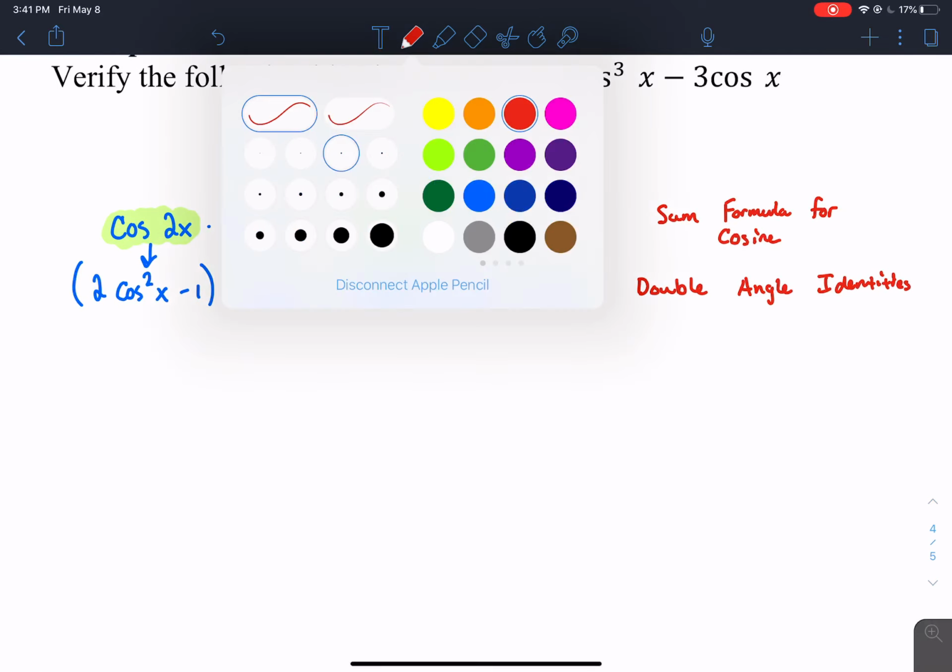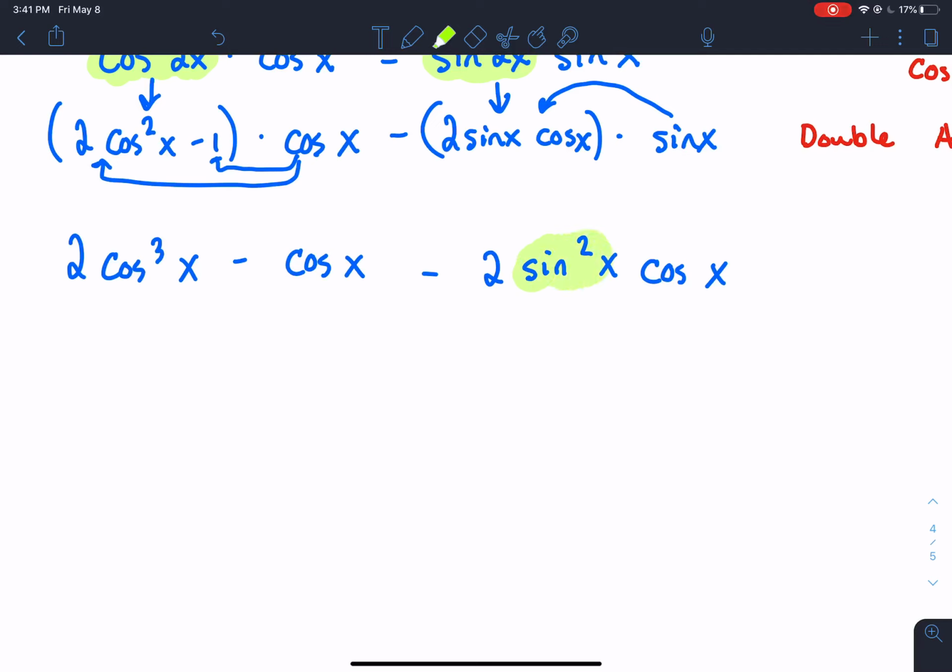Okay. Now, you're almost all in terms of cosine, right? You got cosine cubed, you got cosine of x, and then here you have sine squared, okay? So go back to the Pythagorean identities, right? What could you possibly change sine squared to so that it's in terms of cosine, right?